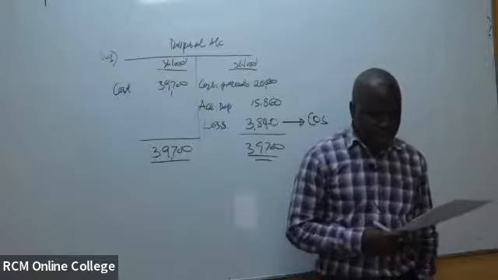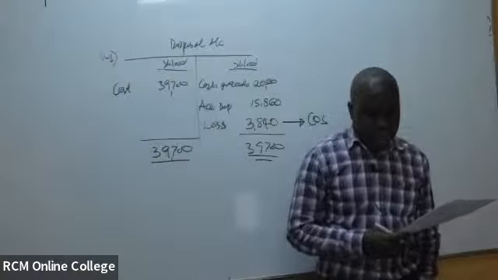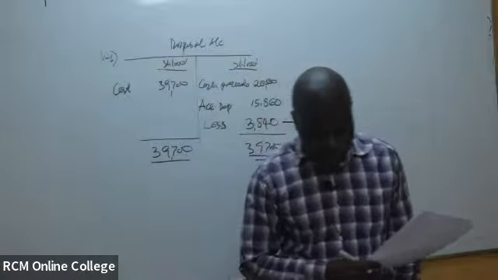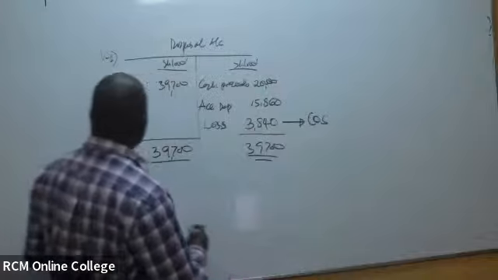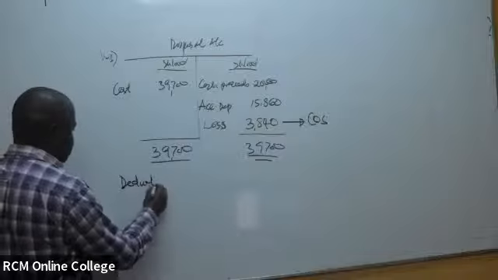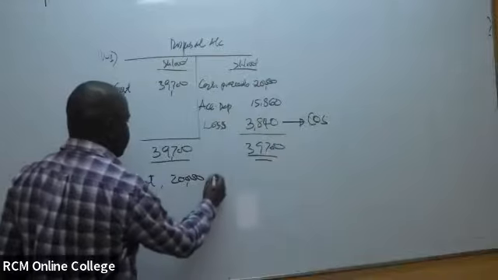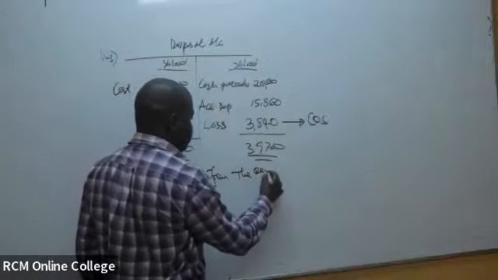So in this case, we'll end up having to correct the figure of the revenue account by deducting the 20 million from the revenue account.